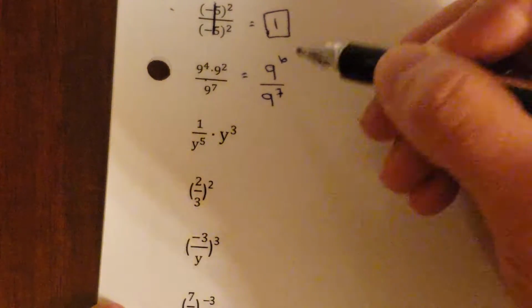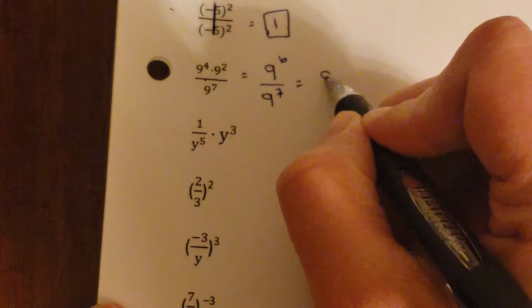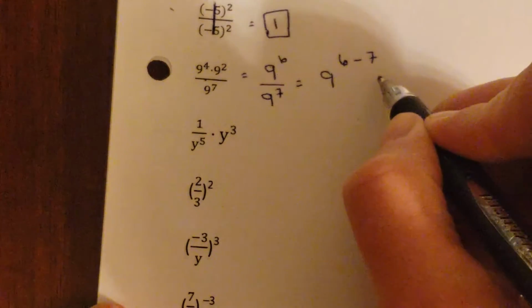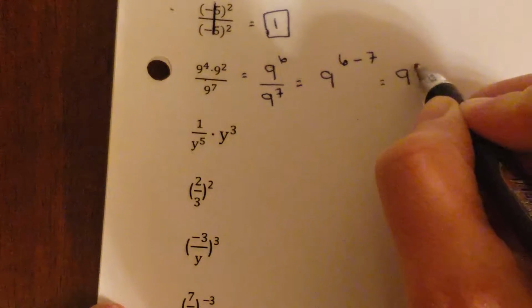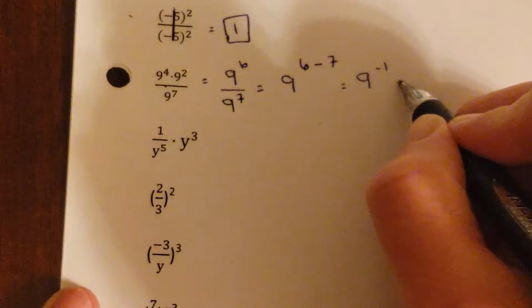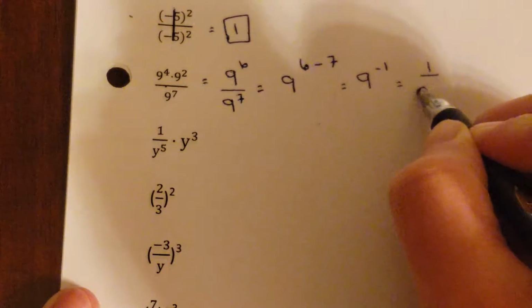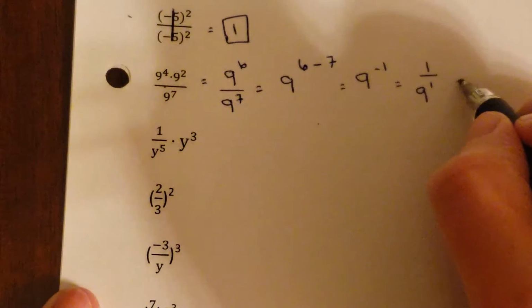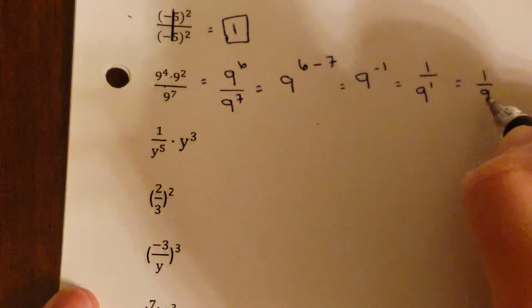And now I can simplify vertically. Same base, top exponent minus the bottom exponent, or 9 to the negative first power. I can write that with a positive exponent in the denominator of a fraction, or 1/9.